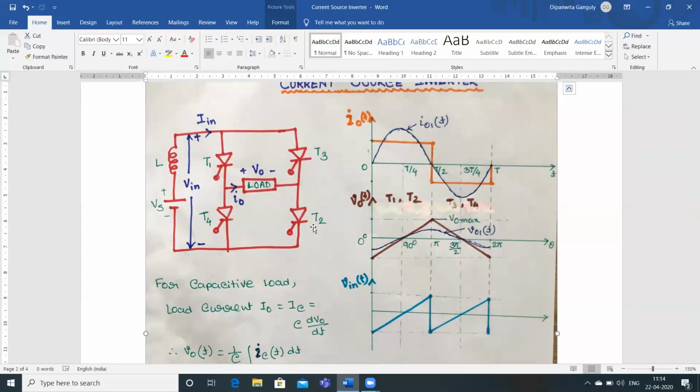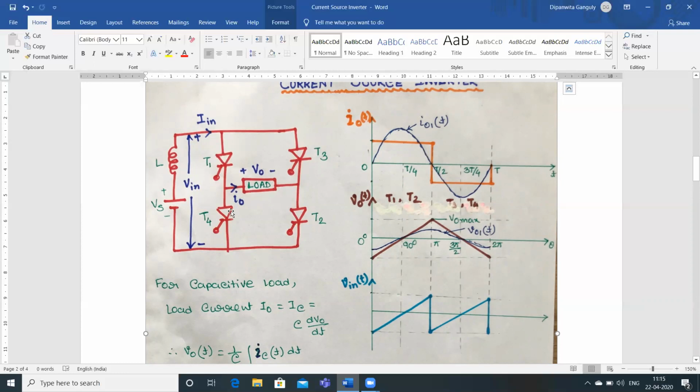Similarly, when T3 and T4 are on, the voltage is plus on this side and minus on this side, and when T1 and T2 are gated, minus will come across T4 and plus will come across the cathode terminal of T4. So T4 will be turned off, and plus will come across the cathode terminal of T3 and minus will come across the anode terminal of T3.